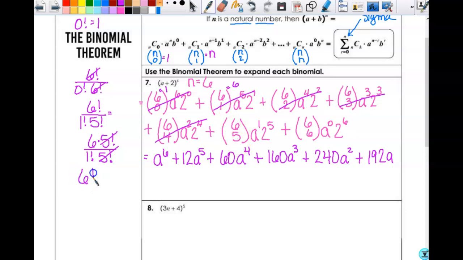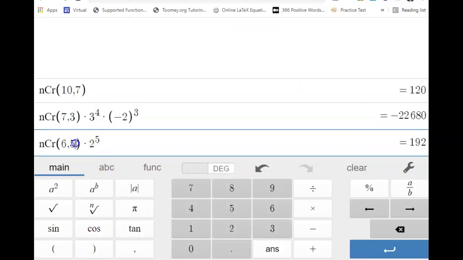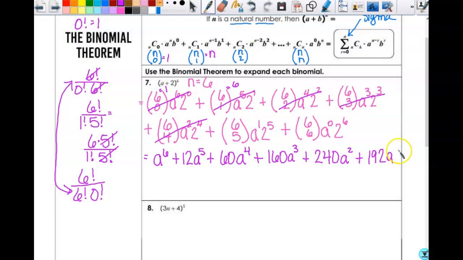But if I have 6 factorial over 6 factorial times 6 minus 6, which is 0 factorial, it gives me the same thing as this, right? It's just 1. So I really just need 2 to the 6th power. Or if you're unsure, you can always change that to 6 and change that to 6 as well. And you get 64 plus 64. And we're done.